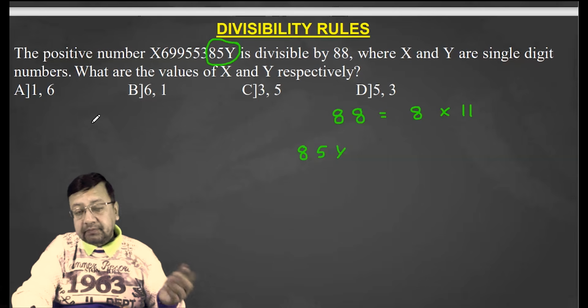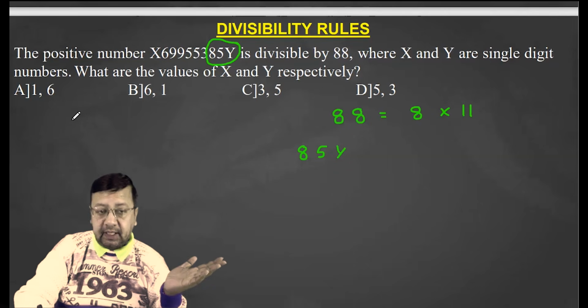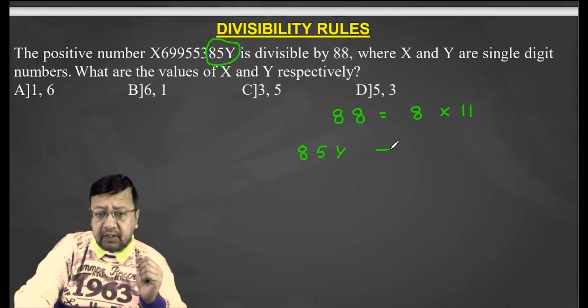If I consider the first option, the first value is for x and the second value is for y. So I need to consider y as 6.